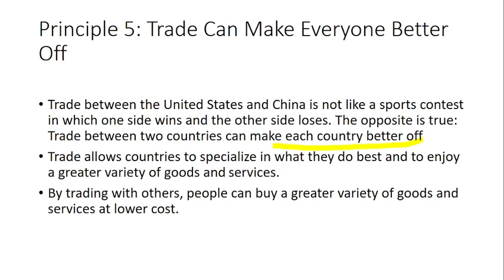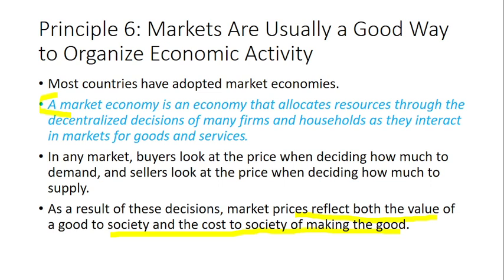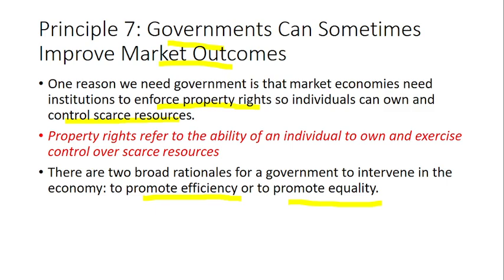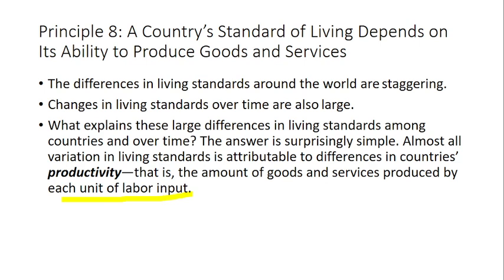Principle number 5, trade can make everyone better off. Principle number 6, markets are usually a good way to organize economic activity. Principle number 7, governments can sometimes improve market outcomes. Principle number 8, a country's standard of living depends on its ability to produce goods and services.